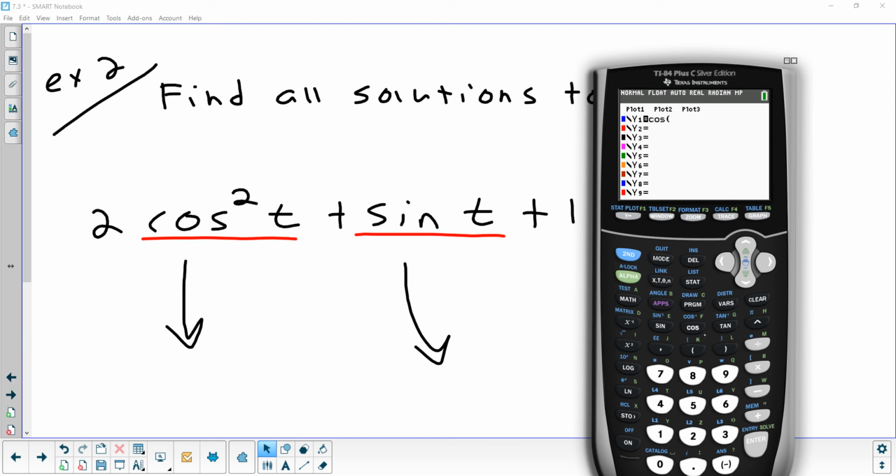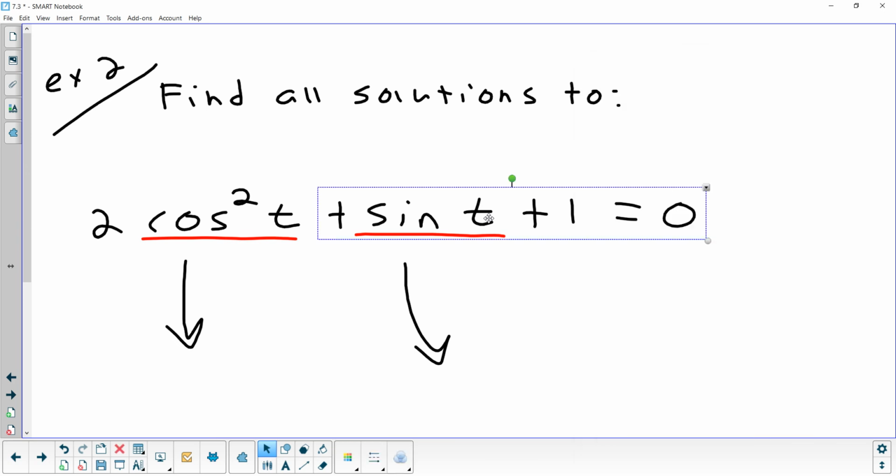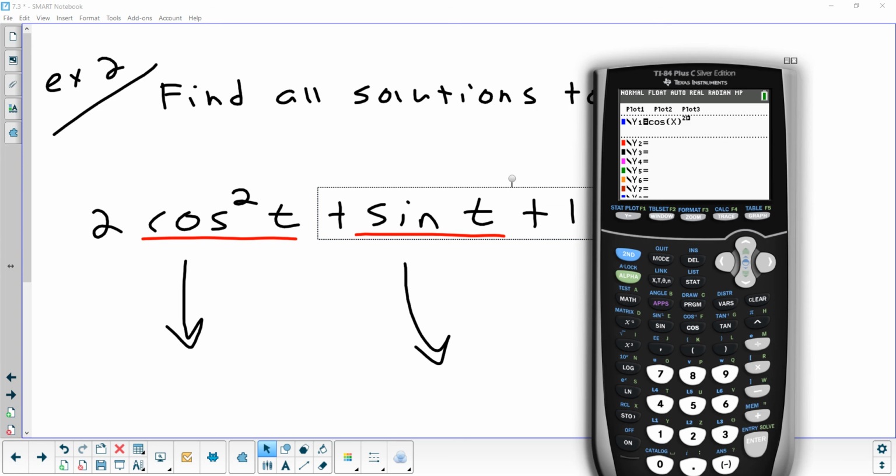And how you type cosine squared in is like this. There is no way to type it in the way you're going to see it on paper. Whenever you raise a trig function to a power, they usually put the number right between the argument and the trig function. Well, on a graphing calculator, that means to do it like this.